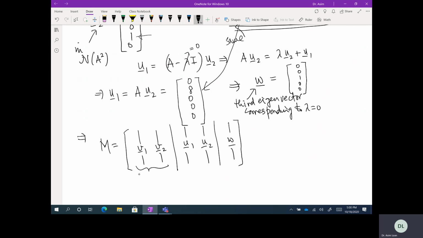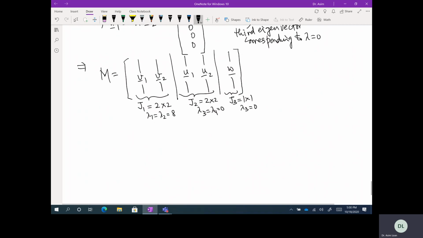Because this will give me a Jordan block of 2 by 2. This corresponds to lambda 3 equals lambda 4 equals 0. This corresponds to lambda 1, lambda 2 equals 8, because this is the J I was given. And this is the Jordan block which is 1 by 1, and this corresponds to lambda 5 equal to 0.